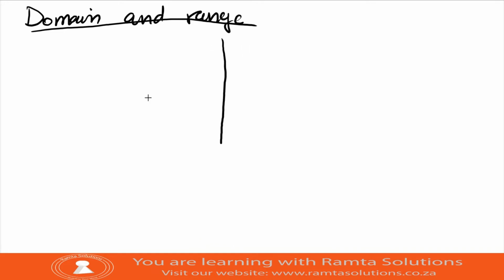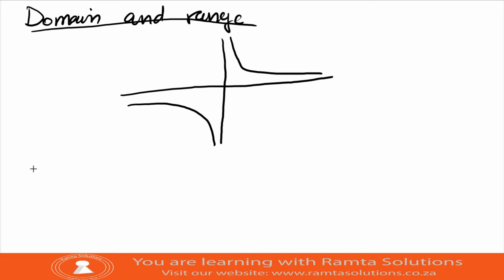Domain and range. So the range remains what we had in grade 10. I'm just going to give you an example here. Let's say it's like this, and then it's like this. So our domain, if you remember well, in grade 10, you said x is an element of real numbers, but x is not equal to the vertical asymptote.